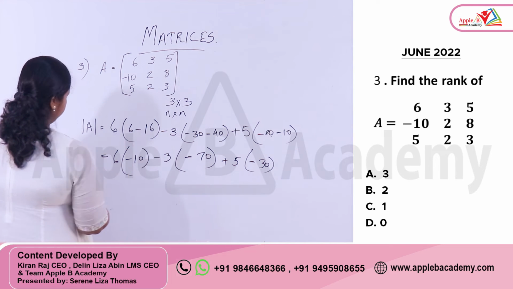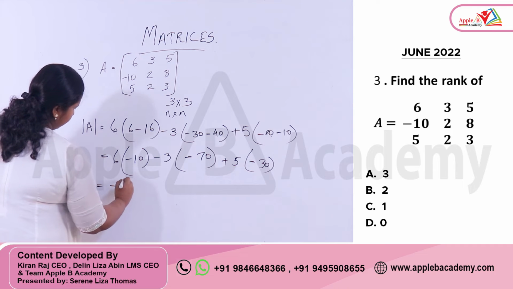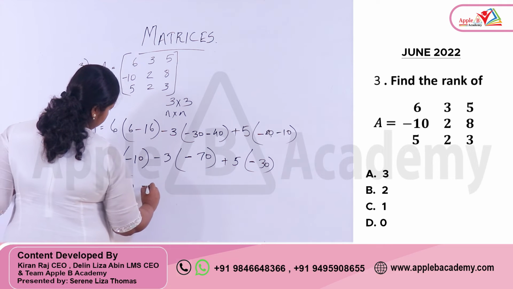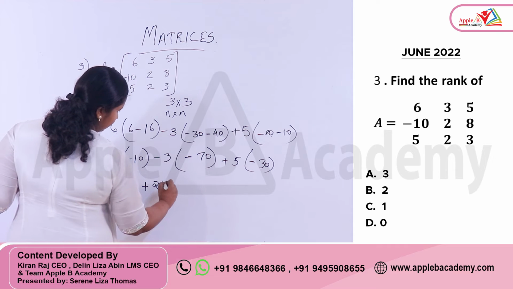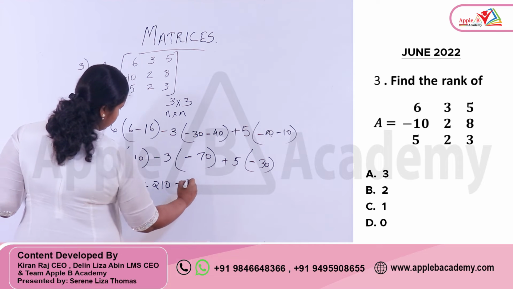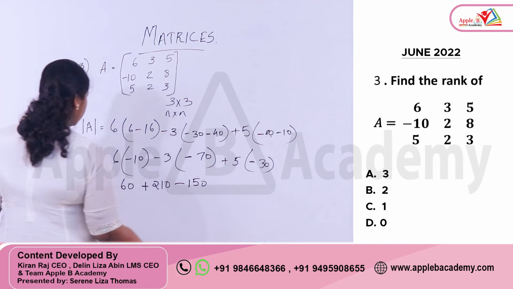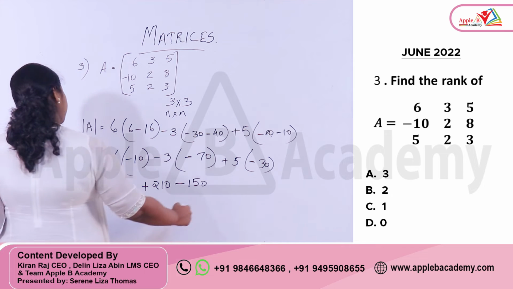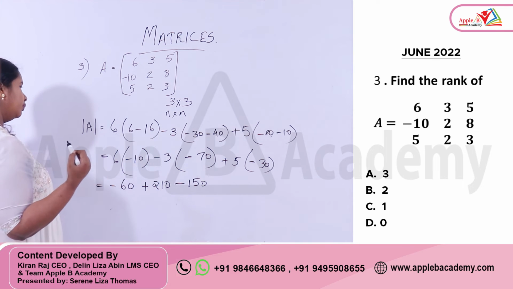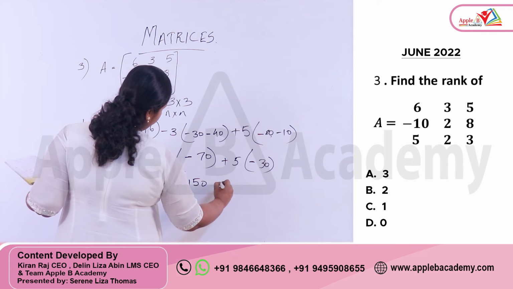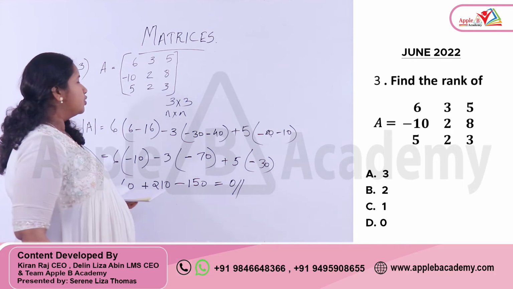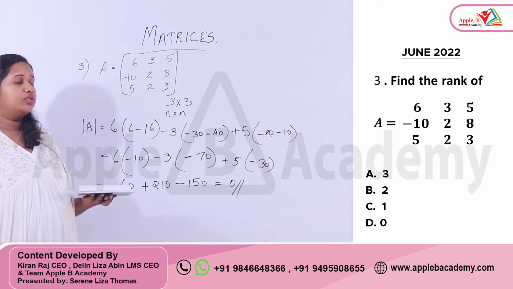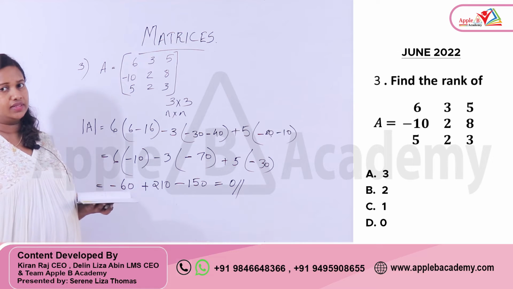Okay, so you get minus 60 plus 210 minus 150. Okay, so 150 plus 60 gives you 210. So this is equal to 0. So you get the determinant of this particular matrix as 0.